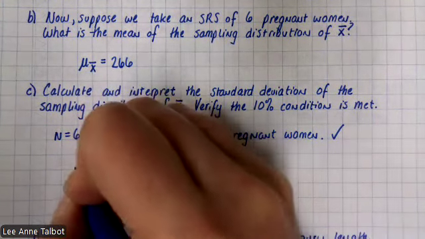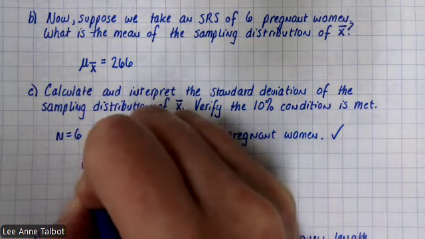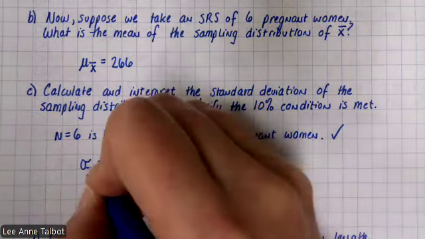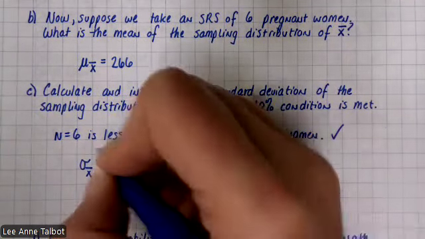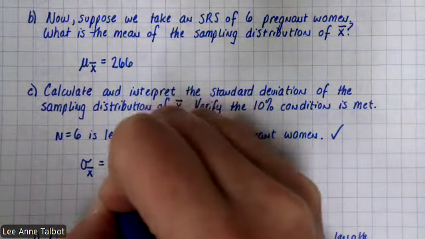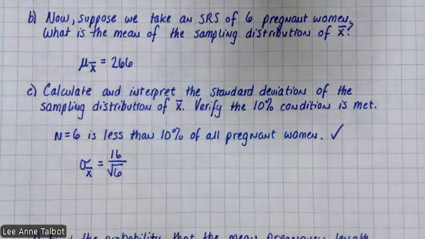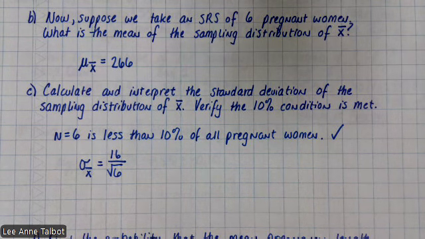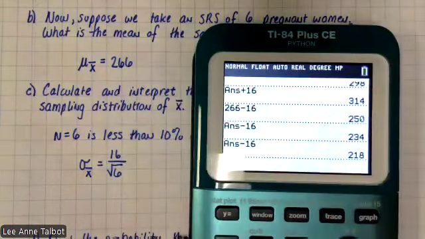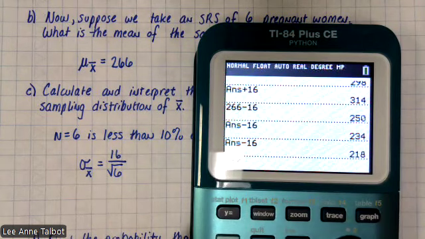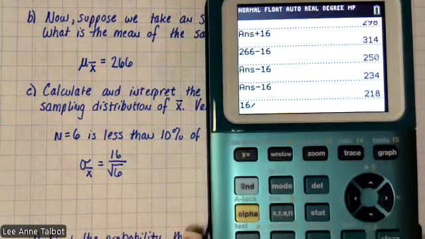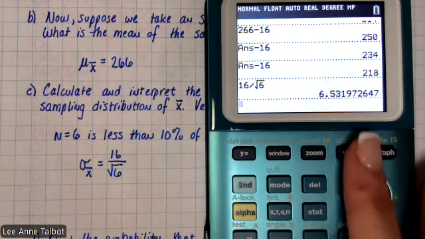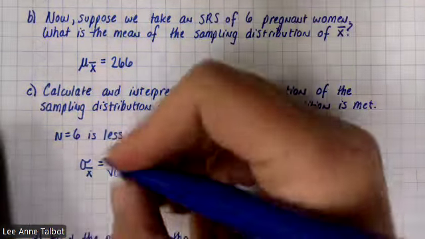Okay, now calculate the standard deviation of the sampling distribution, and that is 16 divided by the square root of 6. Do you see where those numbers came from? 6.53.